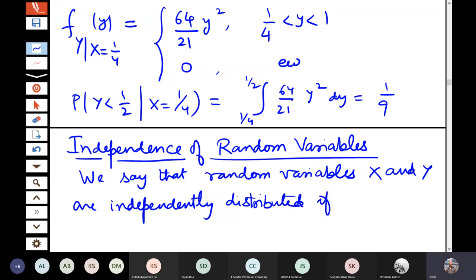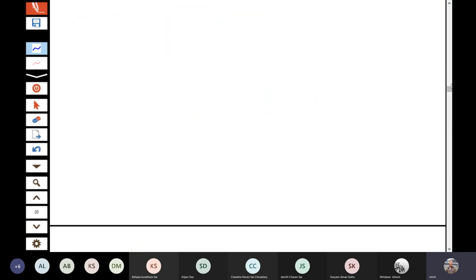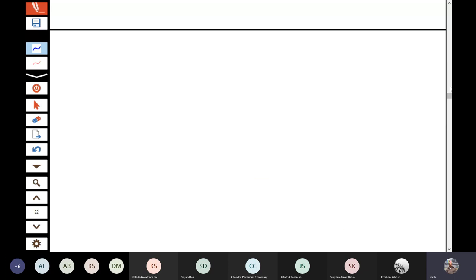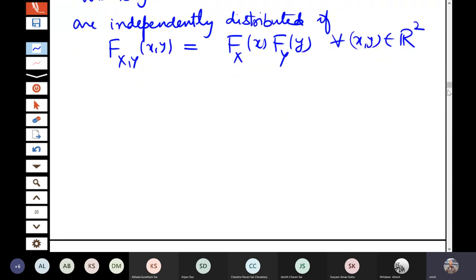if the joint CDF is equal to the product of the marginal CDFs. If we consider the discrete and continuous cases separately, then the joint PMF is equal to the product of marginal PMFs, and the joint PDF is equal to the product of marginal PDFs.